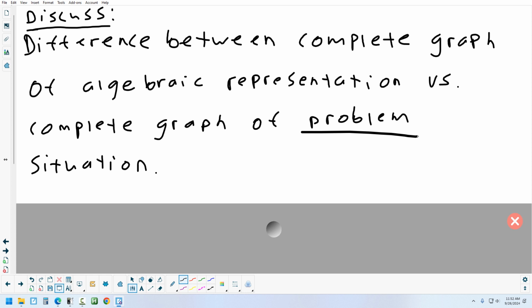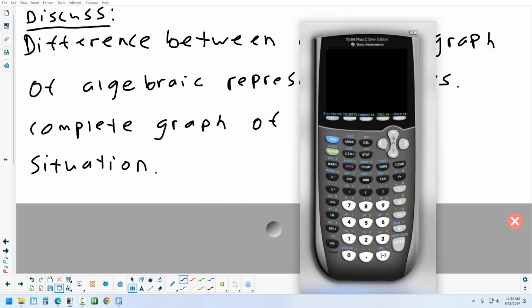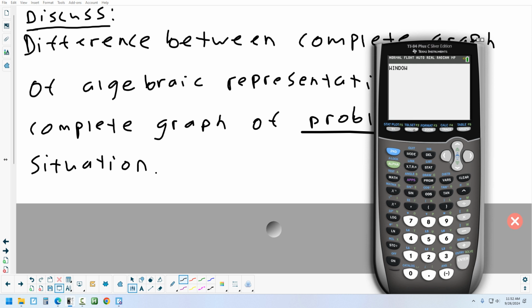Bill could not invest what kind of amounts of money? Negative. I can't invest negatives. So when we start to set up our window, X is the amount of money that's invested. We shouldn't be looking at investing negative amounts of money.